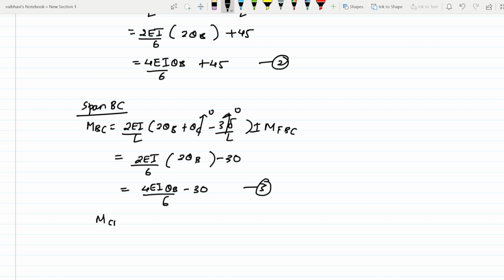Then MCB, 2EI by L, 2 theta C. How to remember, right?